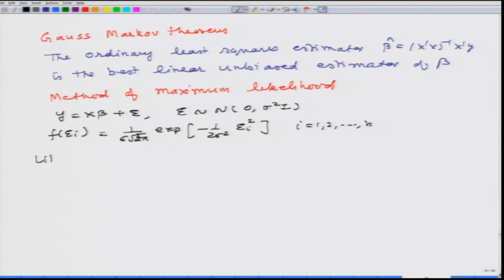Now I can write down the likelihood function. We had defined the likelihood function in the case of the simple linear regression model as the joint density function of all the random variables. So, in our case the likelihood function is nothing but the joint probability density function of epsilon 1, epsilon 2, epsilon n.